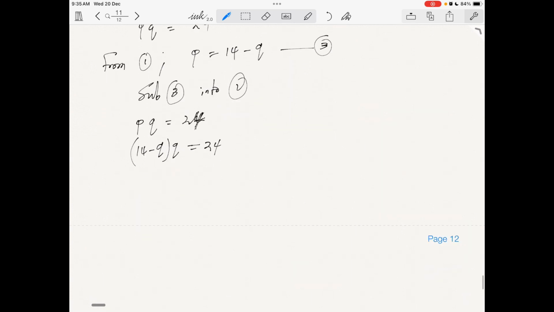When we open the brackets, we have 14q minus q squared equals 24. Now let's put it in the format of a quadratic equation. So 14q minus q squared, and 24 comes to the other side to turn to minus, equals 0.